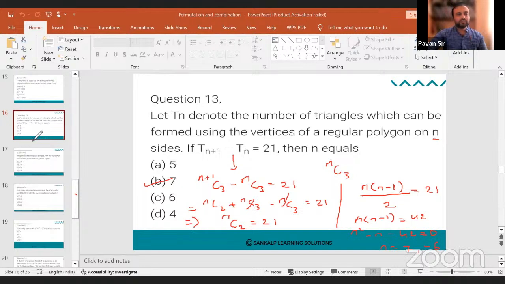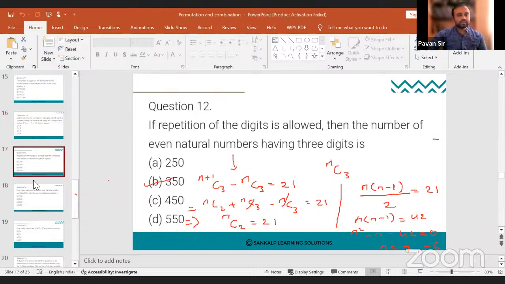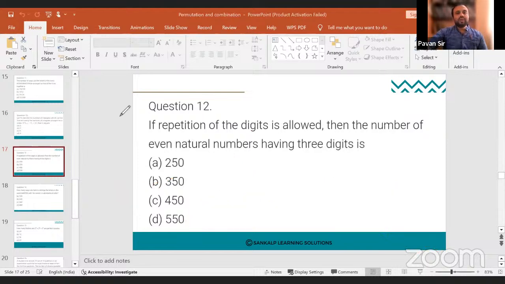Next question. If repetition of the digits is allowed, then the number of even natural numbers having 3 digits is what? I think this question is repeated.